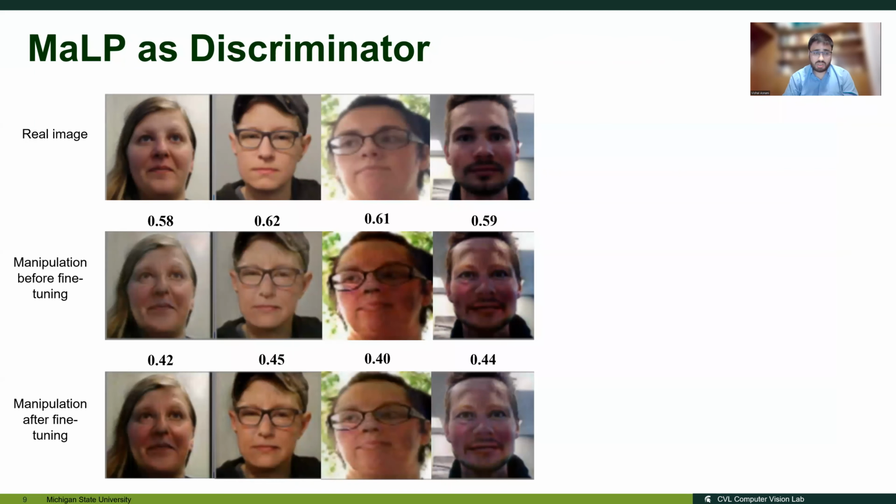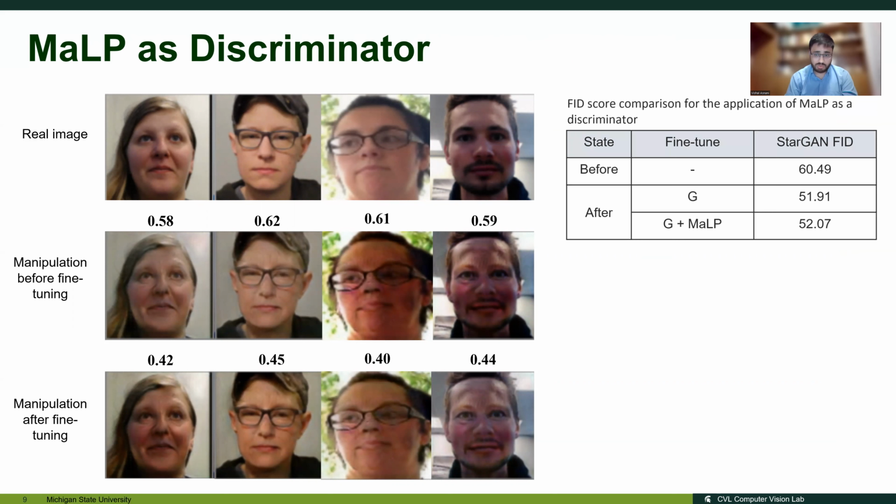We also talk about using MaLP as a discriminator to improve the image generation quality of the generative model. We fine tune StarGAN after applying MaLP. The first row is the real image, the second is the manipulation done before the fine tuning, and the third is the manipulation done after fine tuning.